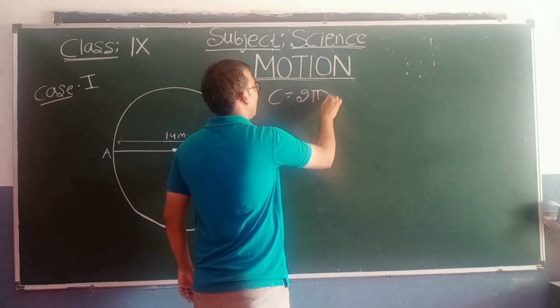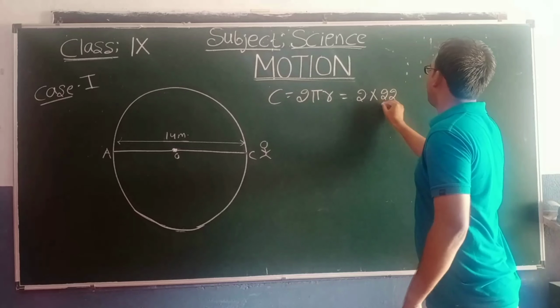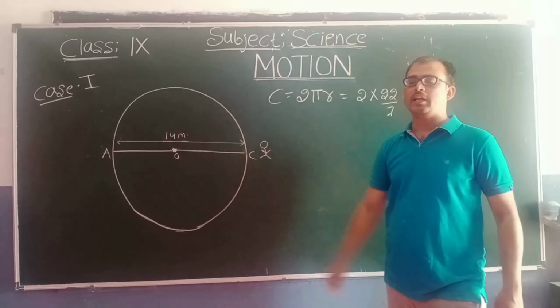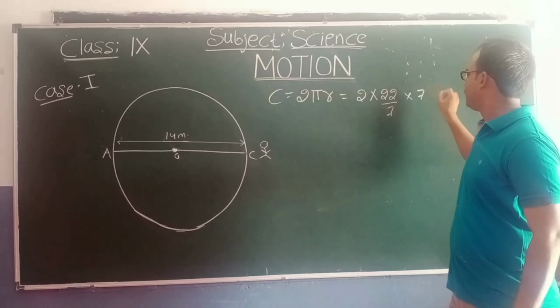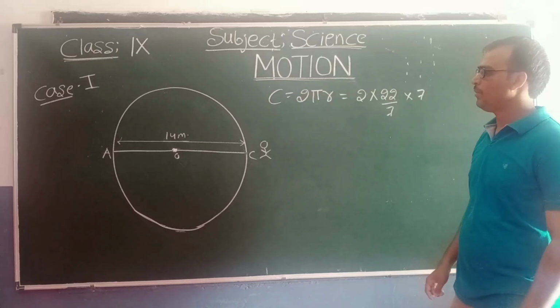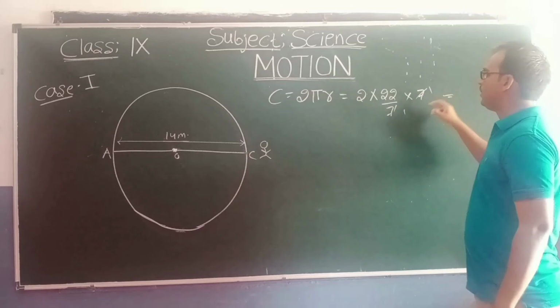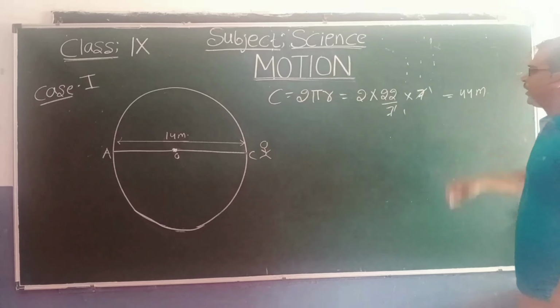2 pi r. So it is 2 into 22 by 7 into r. If the diameter is 14, what is r? r is 7. So the 7 and the 7 are cancelled, and 2 into 22 is 44 meter.